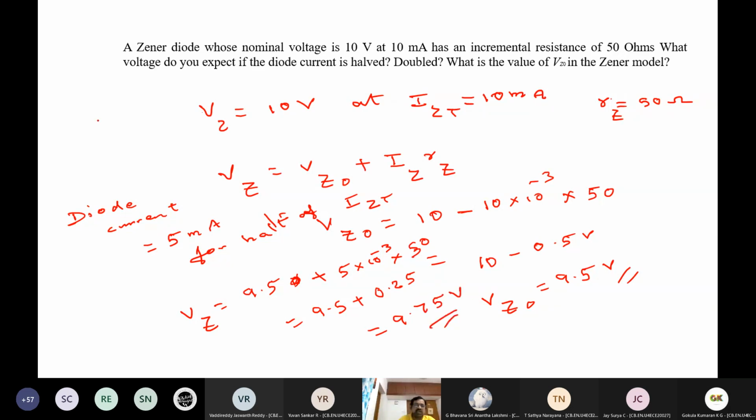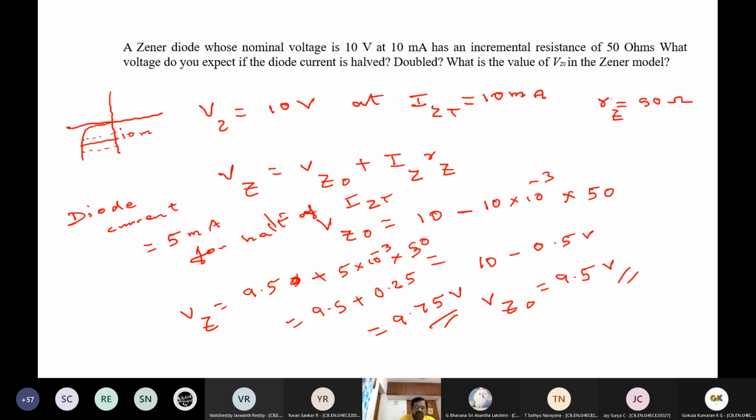That is expected because you can look at this diagram again. Remember, this diagram helps you to get a feel for what we are trying to say here. So this is my 10 milliampere. This is my 5 milliampere. It is halved, whereas if it is doubled, it is going to be somewhere else.